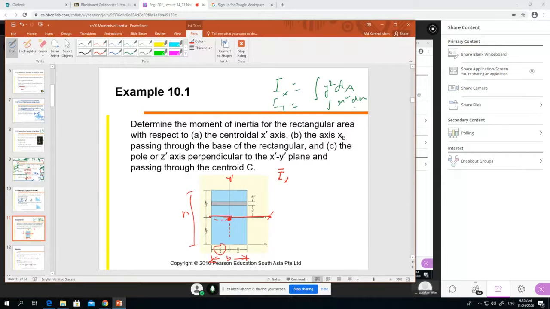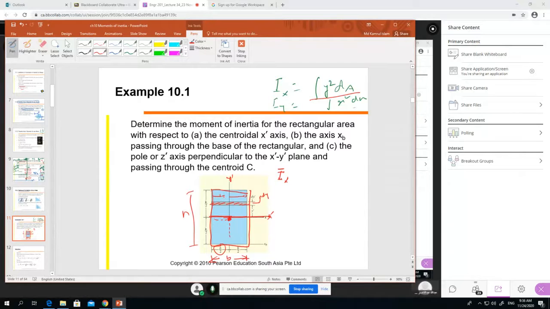Now we want to find the moment of inertia for this rectangle, and for that we know the formula y squared dA. So we select a very small strip of thickness dy, and the width is b.